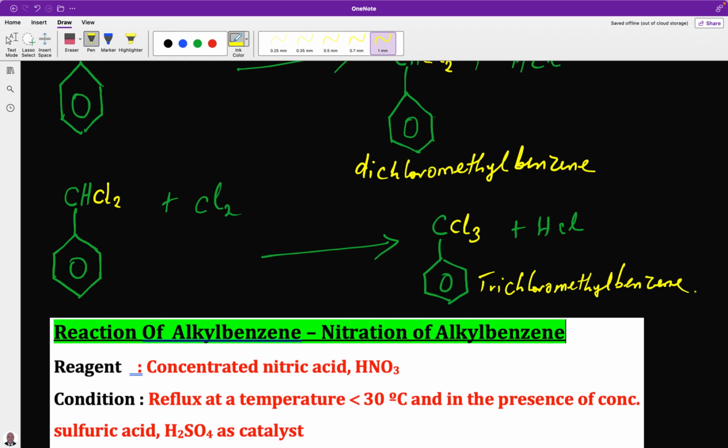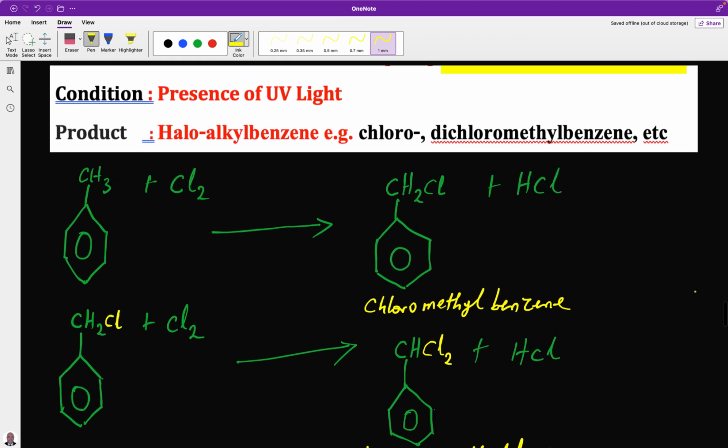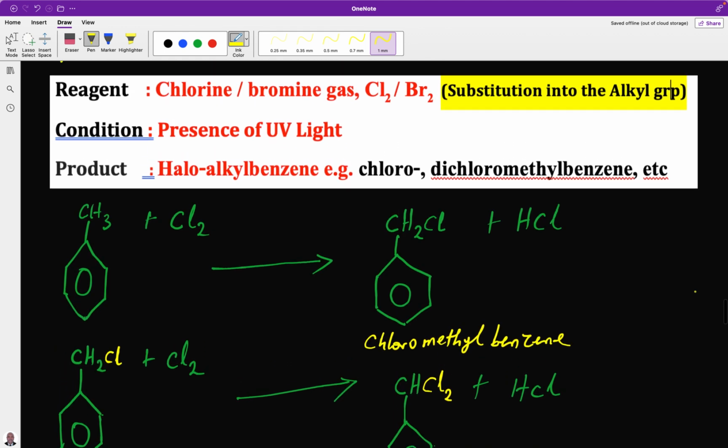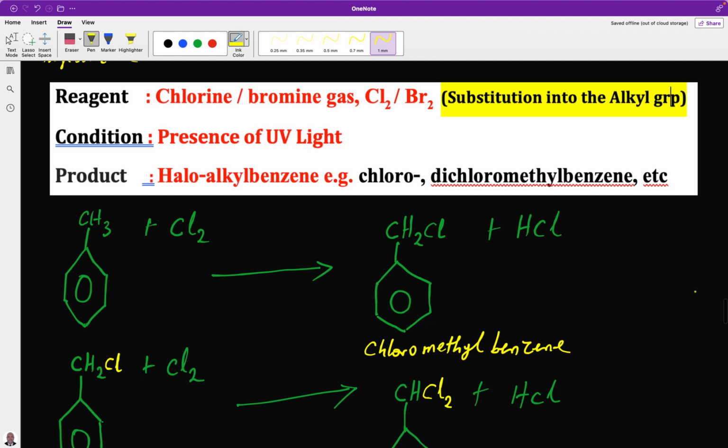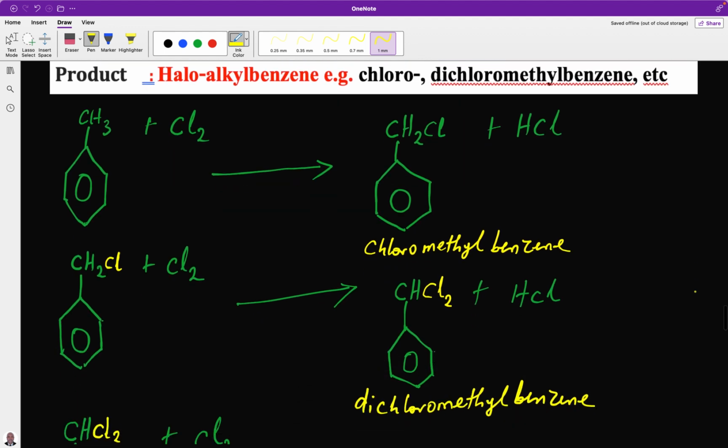That is the halogenation of an alkyl benzene using UV light.